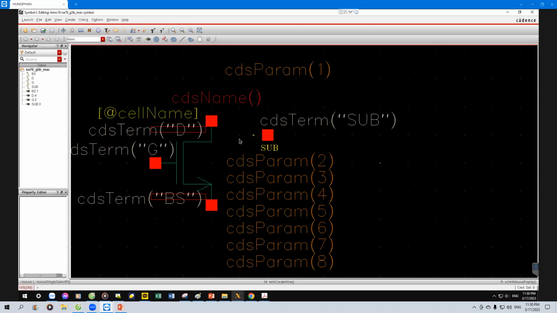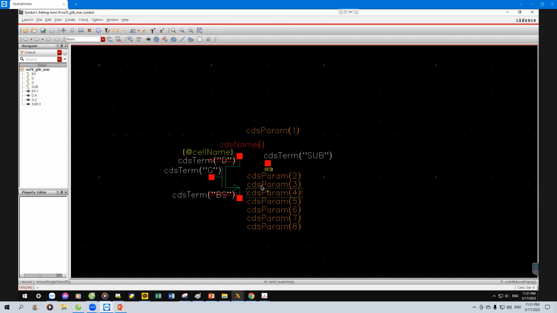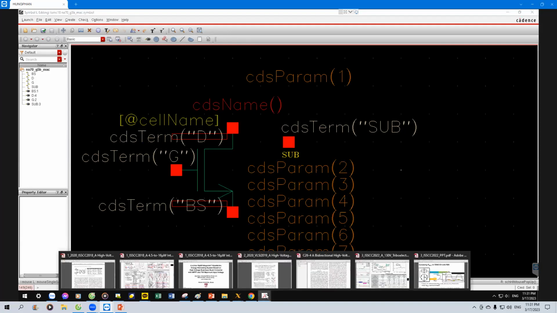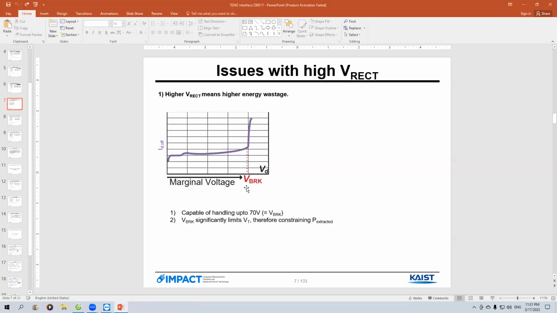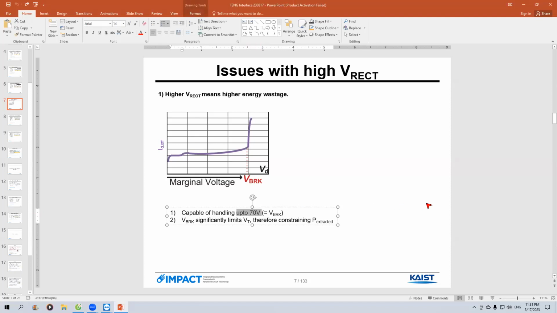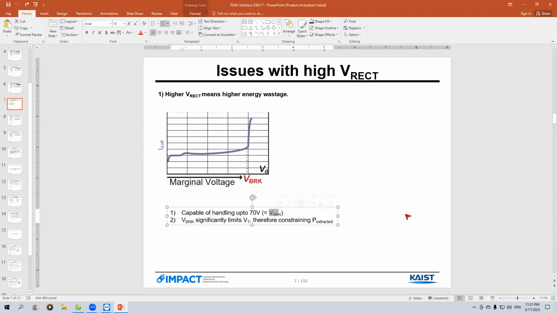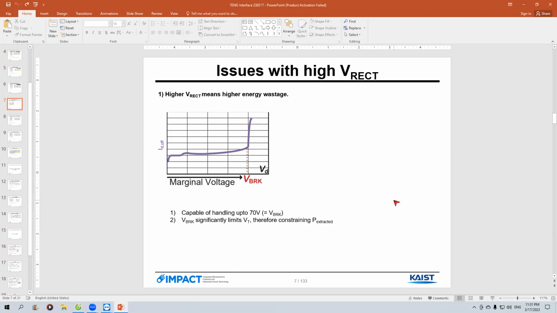Did you know a MOSFET has gate, drain, and source, right? So 70 volt means the largest voltage between drain and source it can work at. If it goes over 70 volt, the MOSFET will be broken. That is the breakdown voltage they are talking about here.